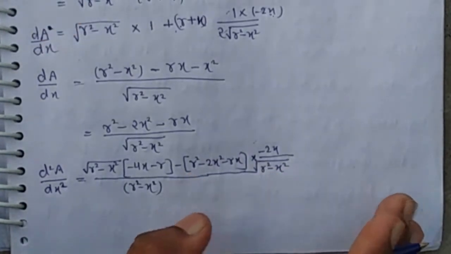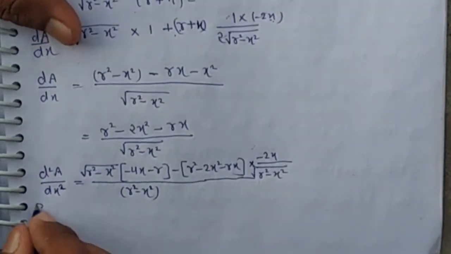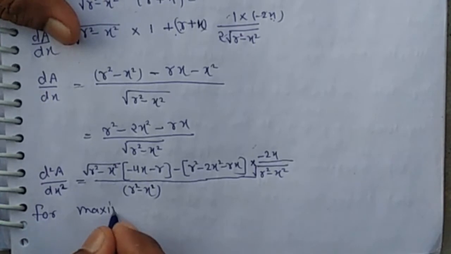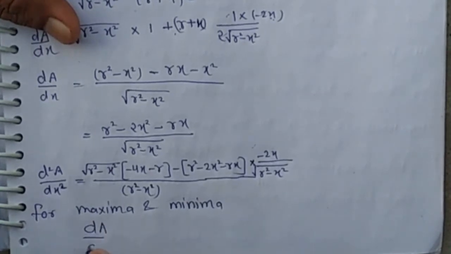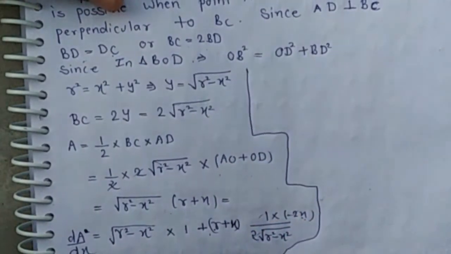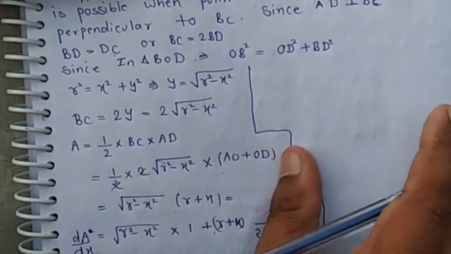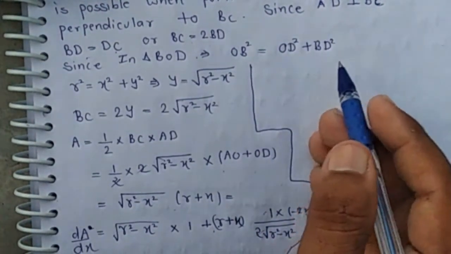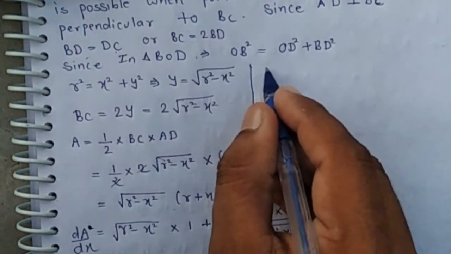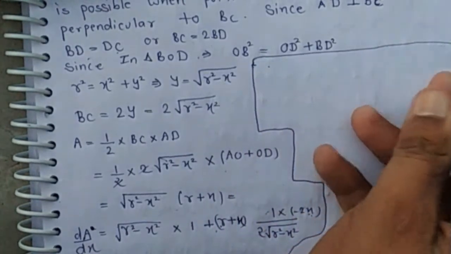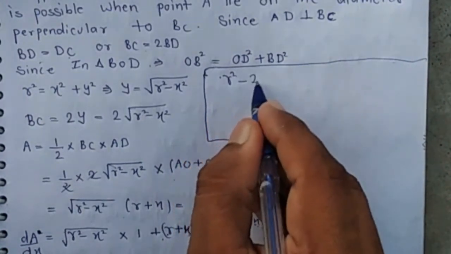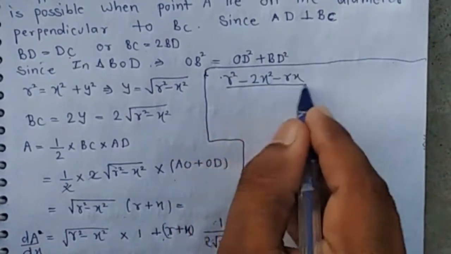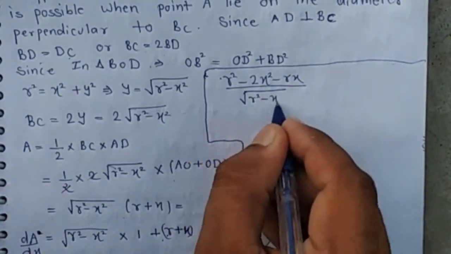Now put dA by dx equals 0 for maxima and minima. dA by dx equal to 0 means we have R square minus 2x square minus Rx by square root of R square minus X square equals 0.